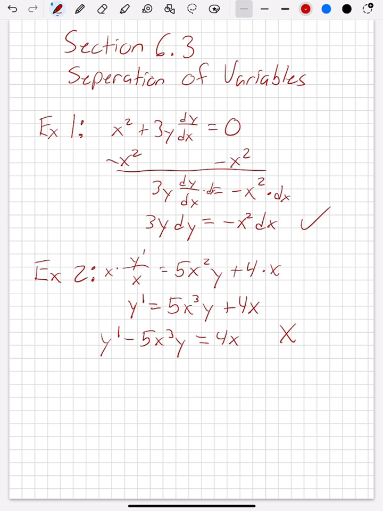So now let me show you a couple examples of this being used with the integration. Let's say that we have dy over dx is equal to 7x over 4y.